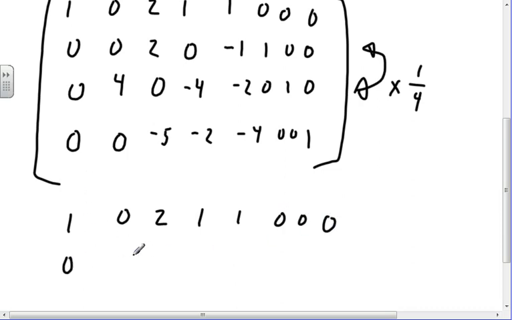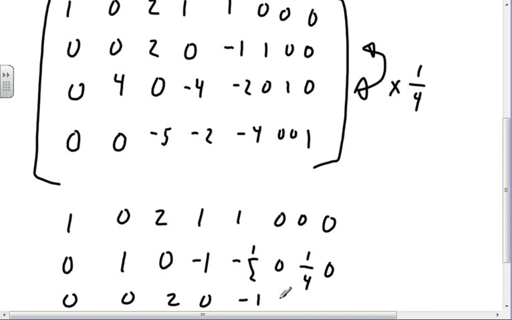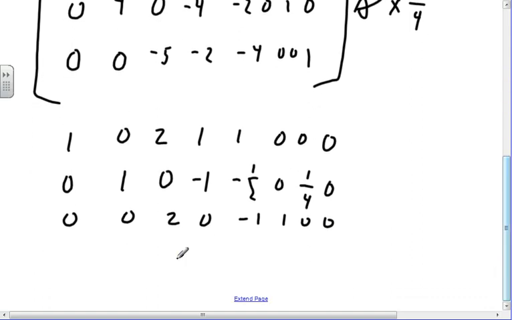And then I'm going to have 0, 1, 0, minus 1, minus 1, minus 1/2, 0, 1/4, 0, and then I'm moving the guy down, 1, 0, 0, 2, 0, minus 1, 1, 0, 0, and the guy in the bottom, 0, 0, minus 5, minus 2, minus 4, 0, 0, 1.